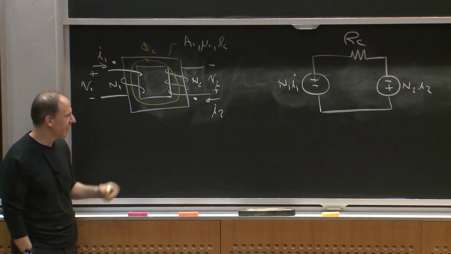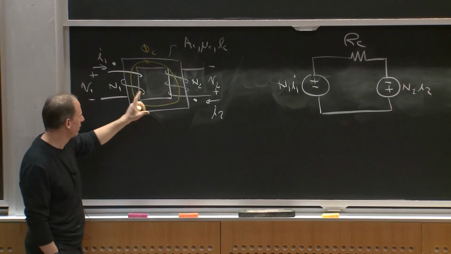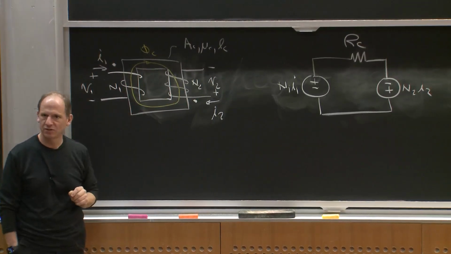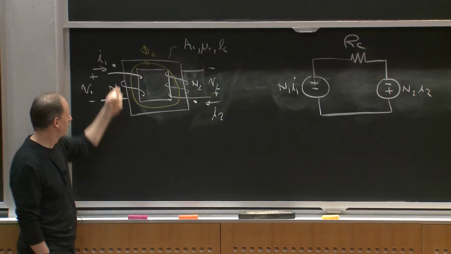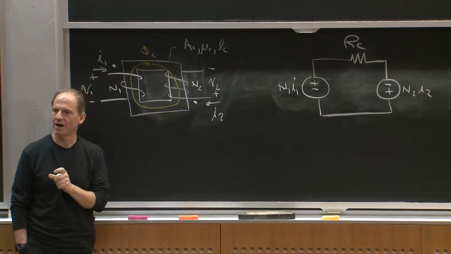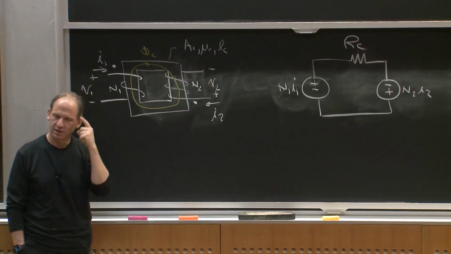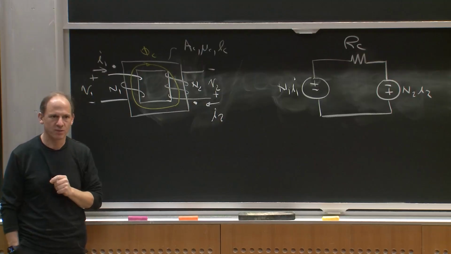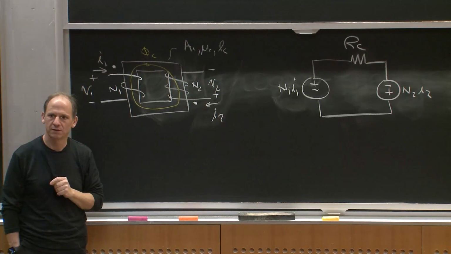Okay, so that just says something about the relative definitions of the winding polarities, denoted by the dots. So just think, currents into the dot throw flux the same way around the core. Okay?